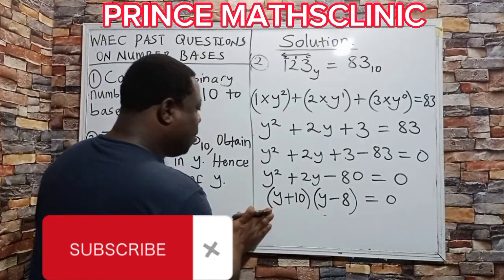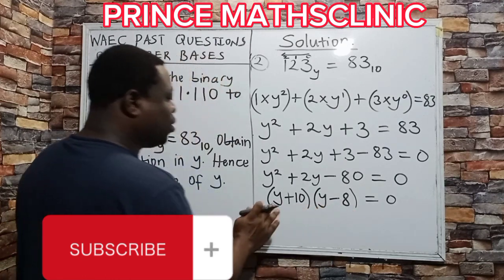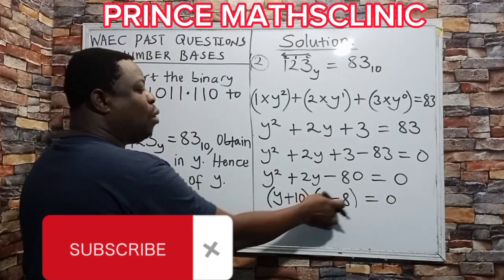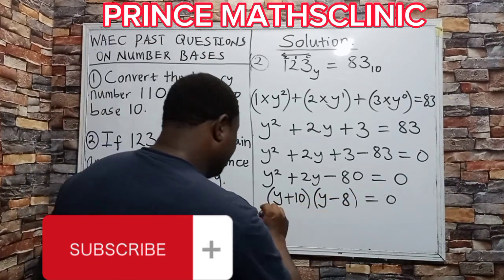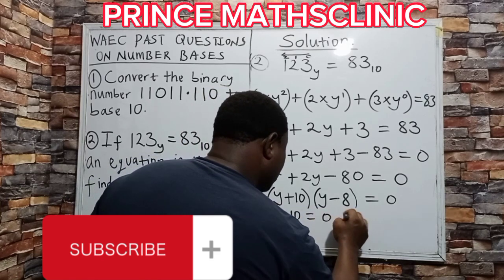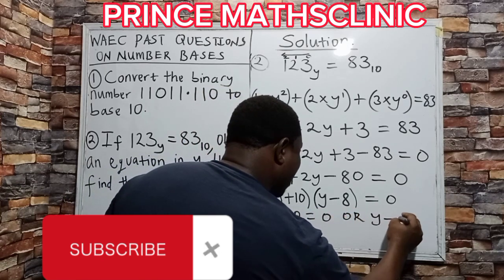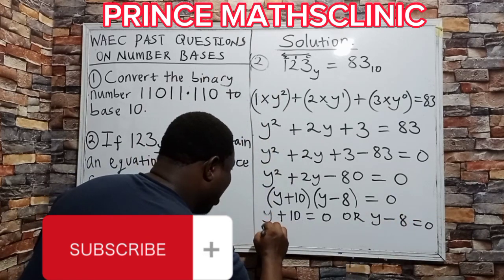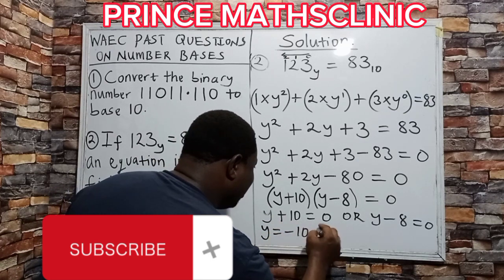Since these are products of two factors, you can now say y plus 10 equals 0 or y minus 8 equals 0. Then from here, y is equal to negative 10.